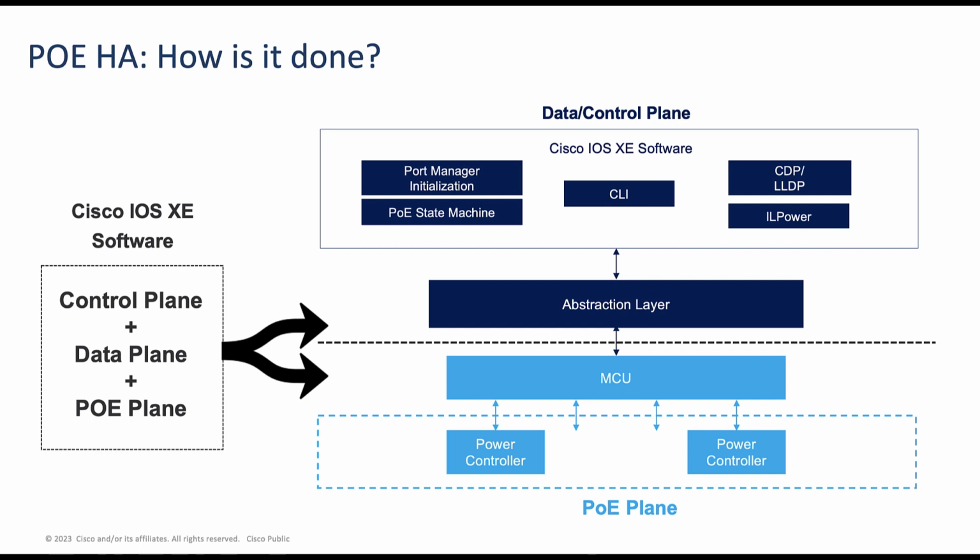The PoE plane has the data of all the microcontrollers and power controllers and the previously negotiated power values from the endpoints. So the switch maintains a database of the operating power values on each switch port, and if any planned or unplanned maintenance happens, the switch always remembers and recovers the power at these ports using those previously saved power values.